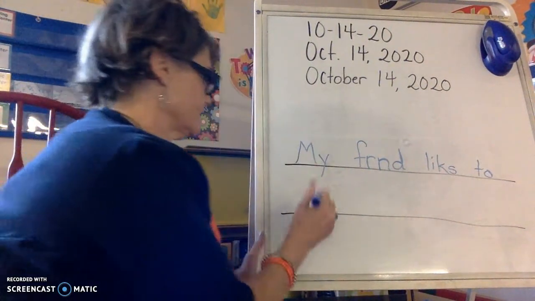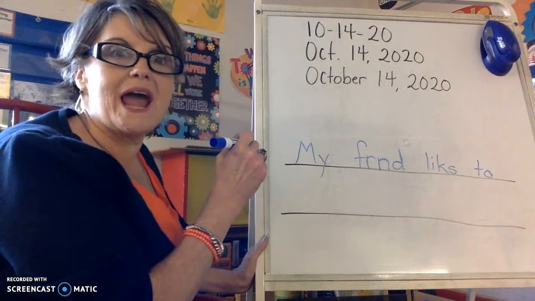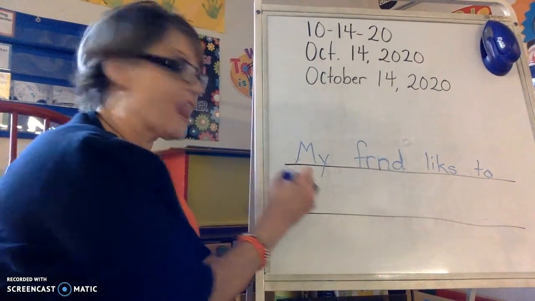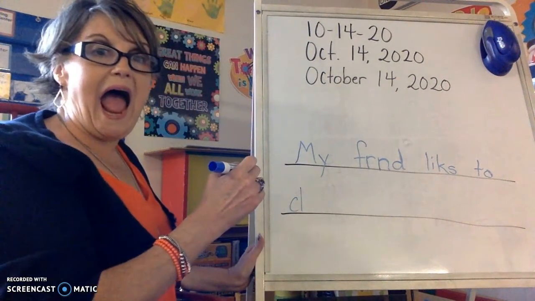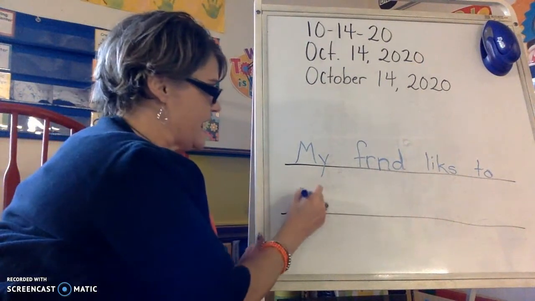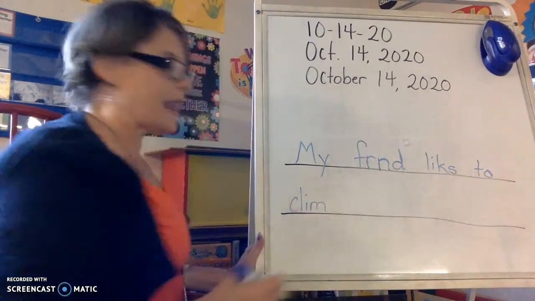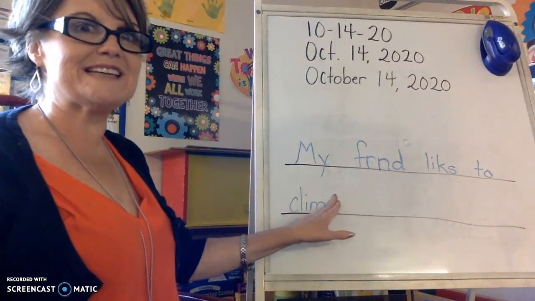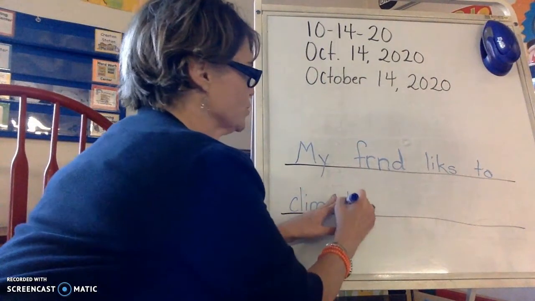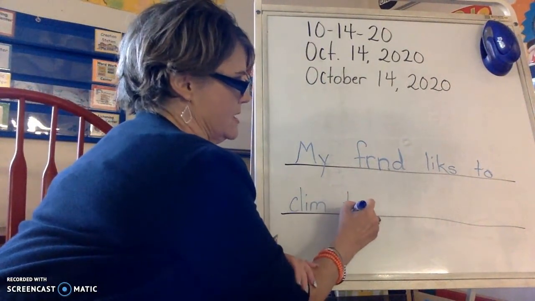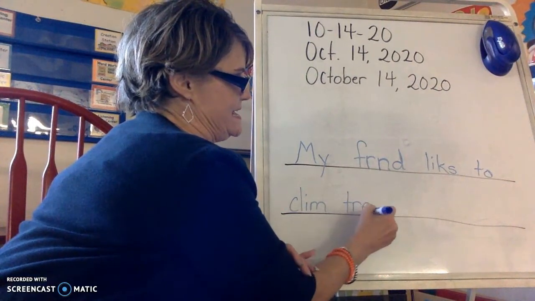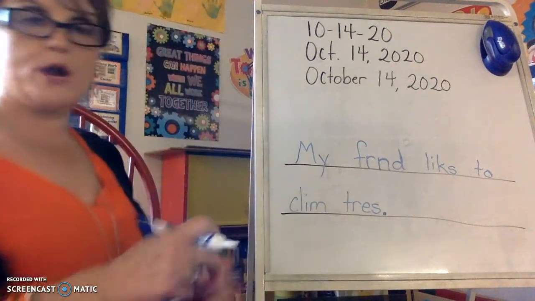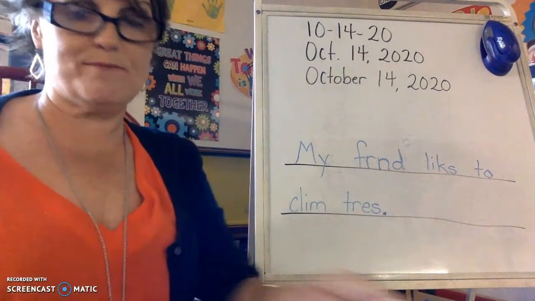ooh, this one's fun, climb. Trees, T, R, E, E, S. And that's the end of my sentence, so I need to put my ending mark, which is a period at the end of my sentence.